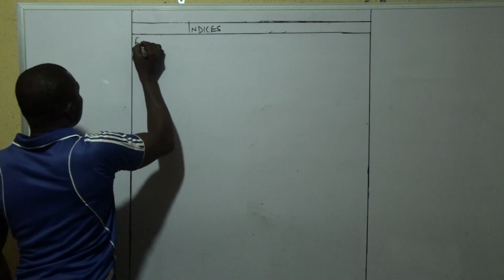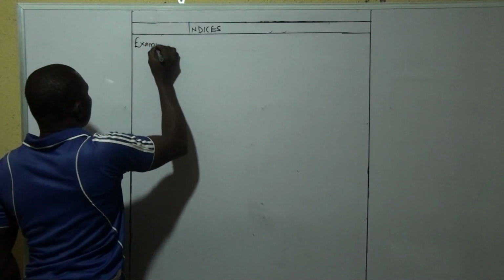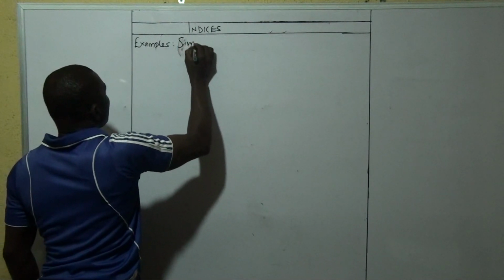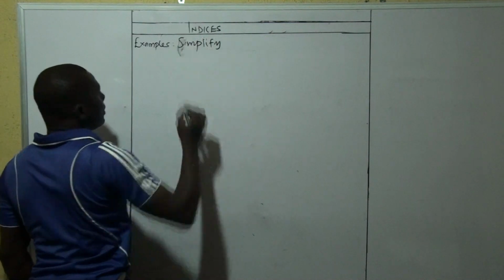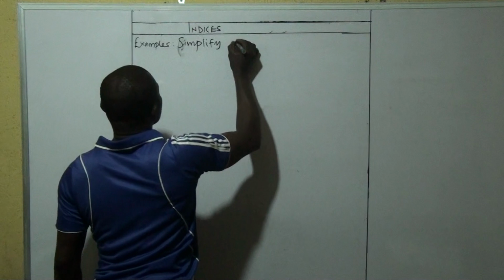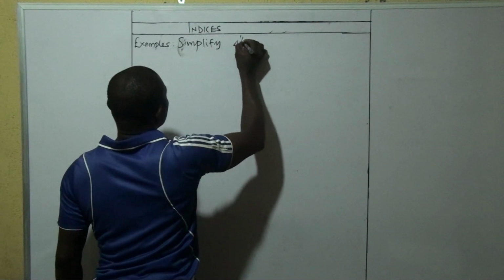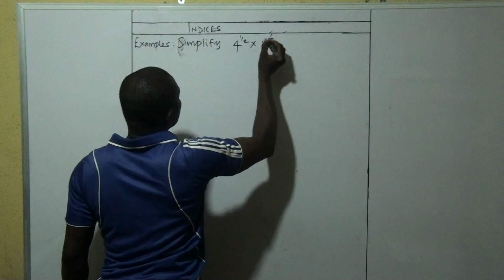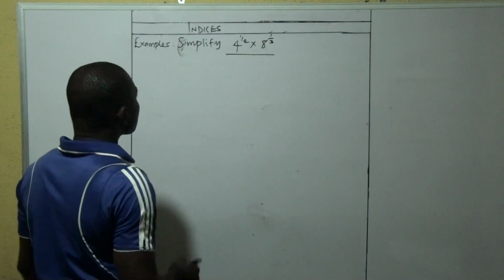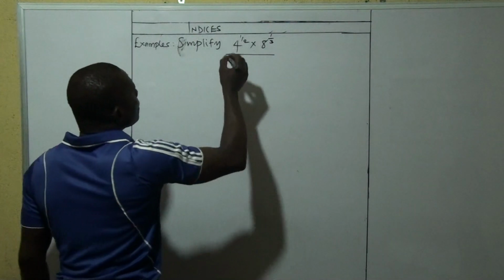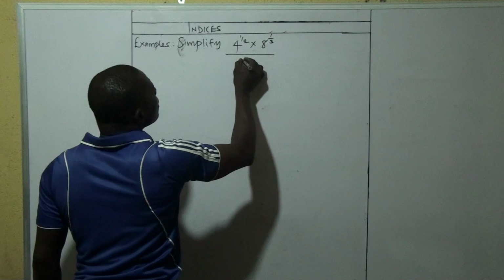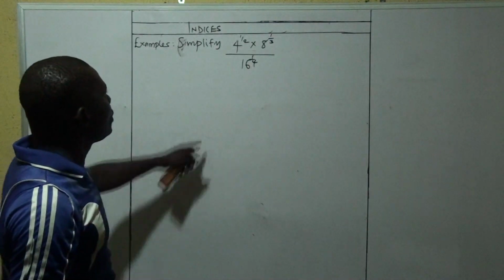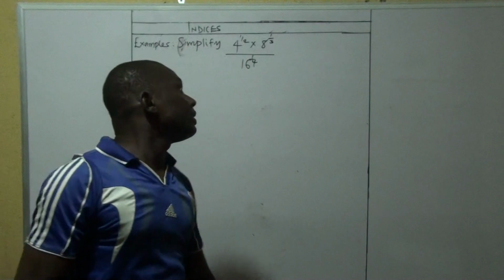Let's look at the example. Simplify 4 raised to power half times 8 raised to power 1/3 divided by 16 raised to power 1/4.